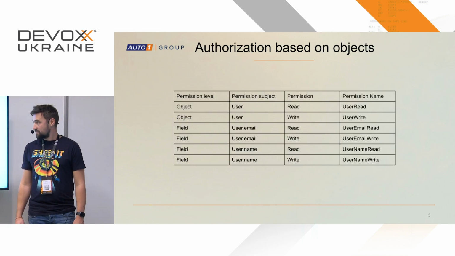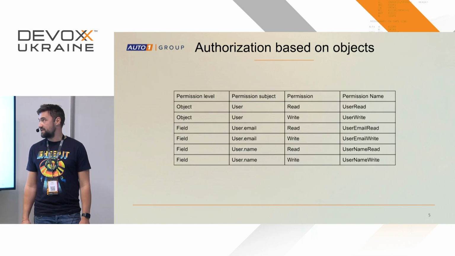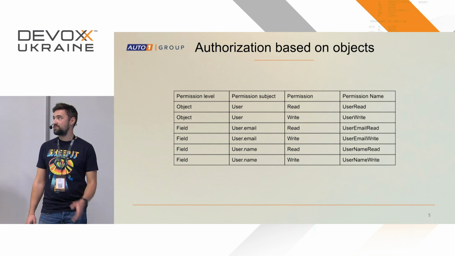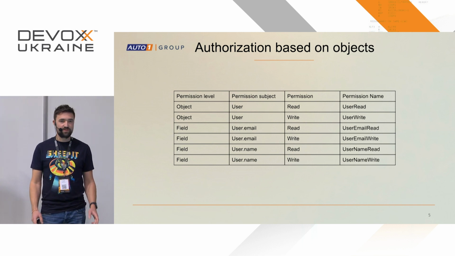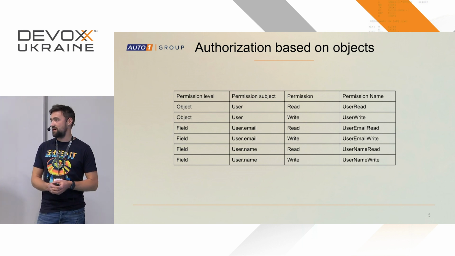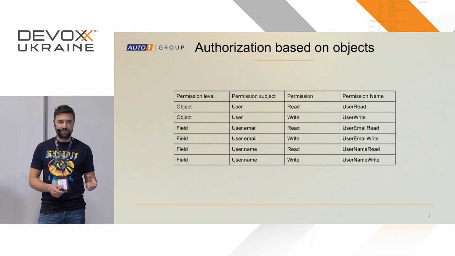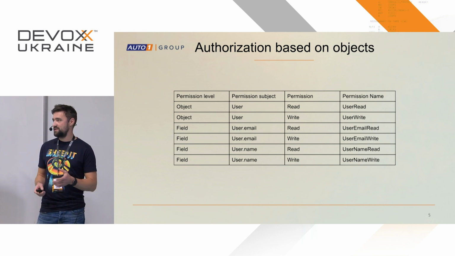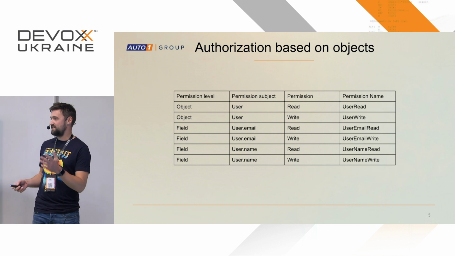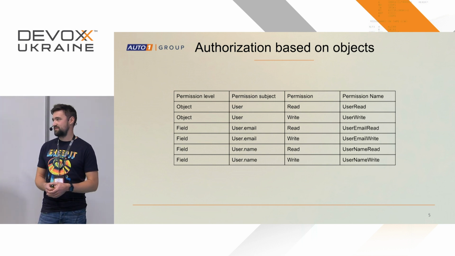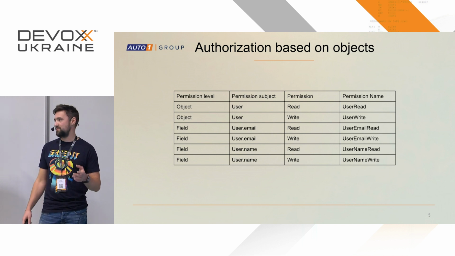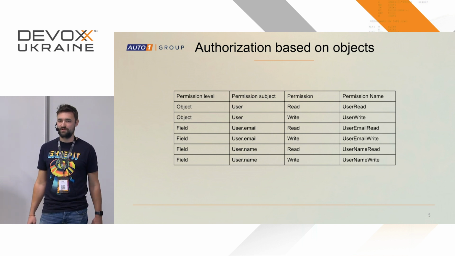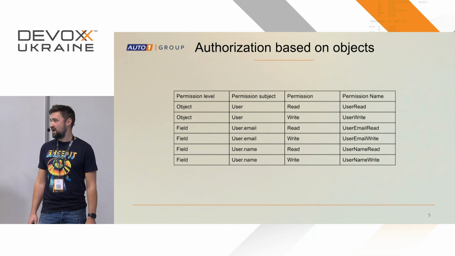The next thing was how to build authorization. When we think about authorization and permission, we usually think about objects and fields. So we end up with some matrices of permissions saying that there are objects, like user, and there are read-write permissions, or even create, read, update, delete permissions.